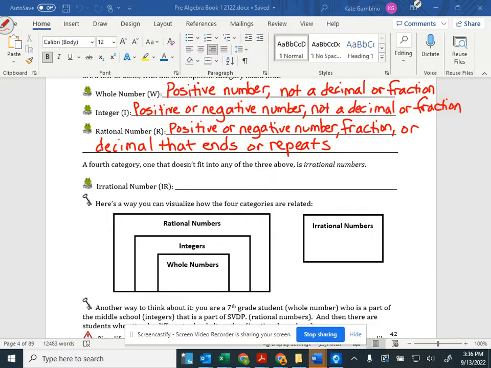There is a fourth category, the one that doesn't fit into any of the three above. It is an irrational number. An irrational number can't fall into these other categories because it is a decimal that does not end or repeat.